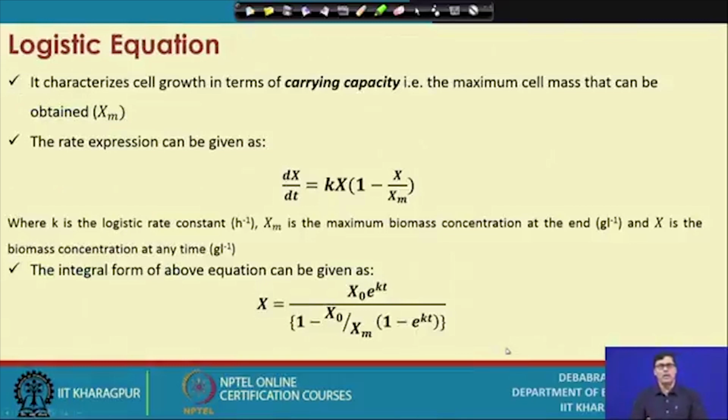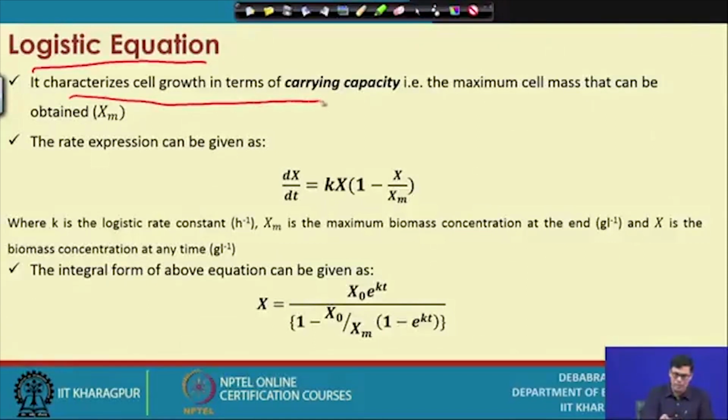Now that we have discussed the Monod equation for the cell growth kinetics, it can be explained with the help of another equation, what you call the logistic equation. It characterizes the cell growth in terms of carrying capacity, that is the maximum cell mass that can be obtained.